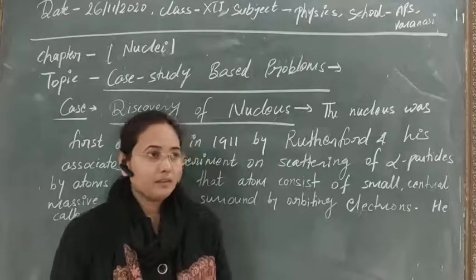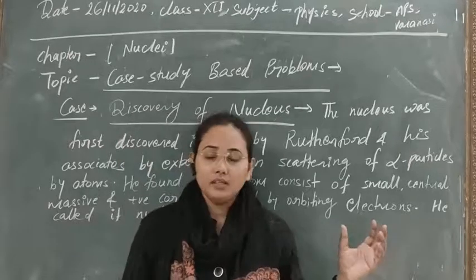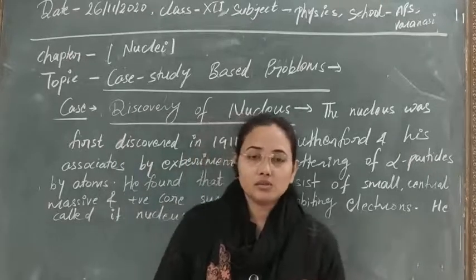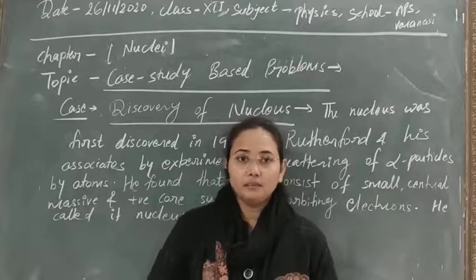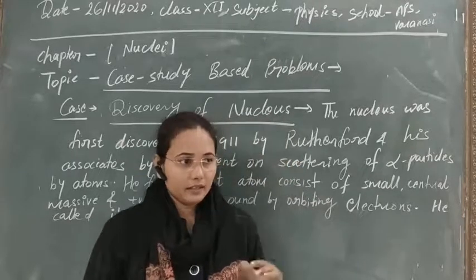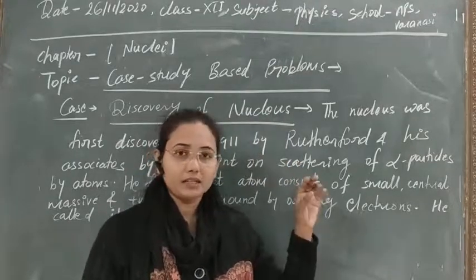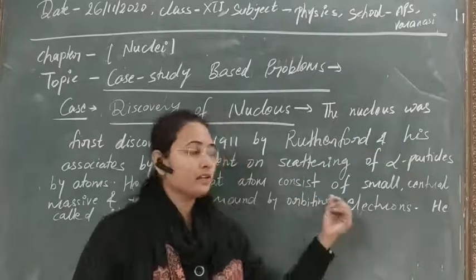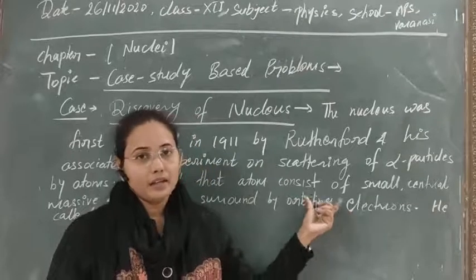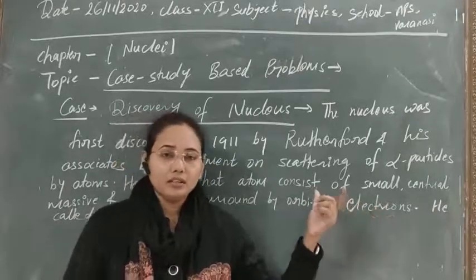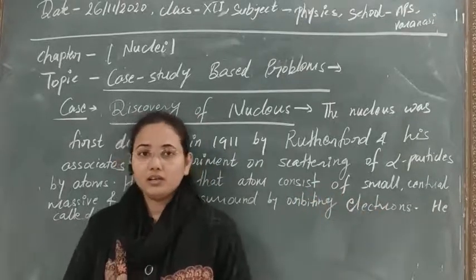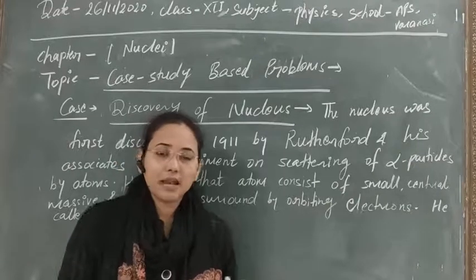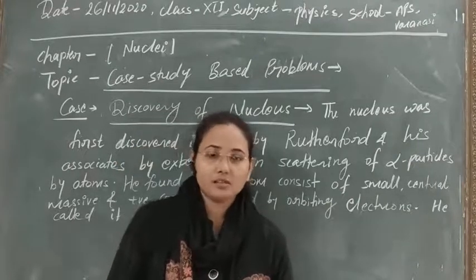So that's why in the Rutherford model there were some discrepancies, which were removed by Bohr. He put some limitations on the circular orbits in which electrons orbit, and for that he gave a law, also known as the quantum law, because he used Planck's quantum theory to explain it.